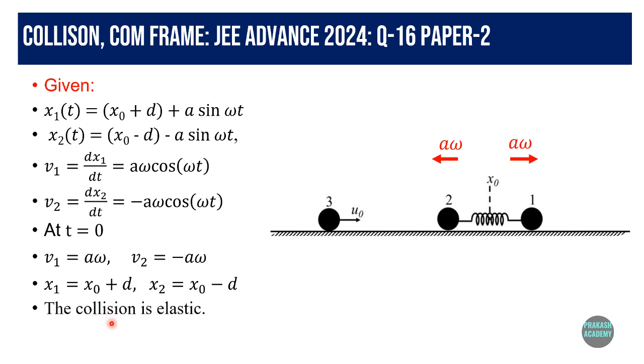So, the collision is elastic. In the problem it is given that this particle 3 collides with this and the collision is elastic. Now, if you remember, in an elastic collision, what happens? If I have two masses and both are equal, in that case if the collision is elastic, then velocity gets interchanged. So, that is the idea.